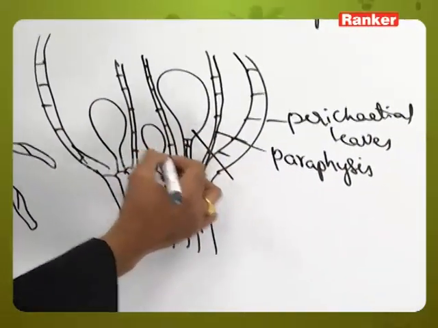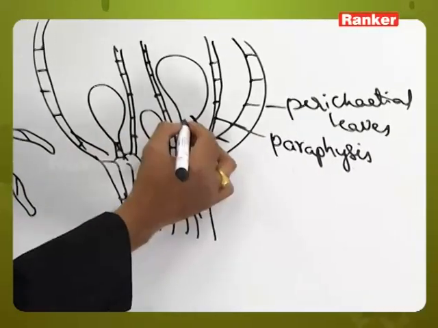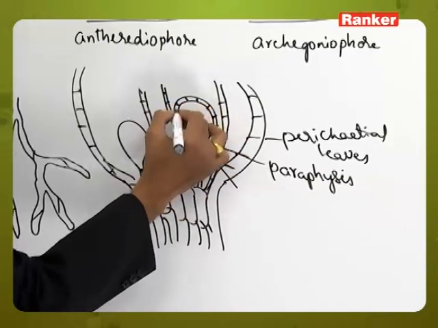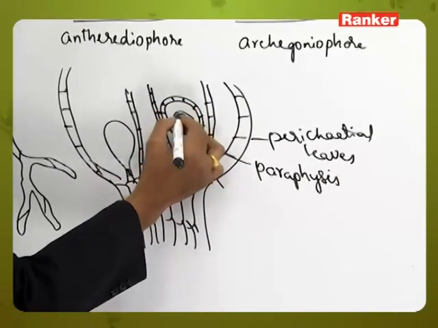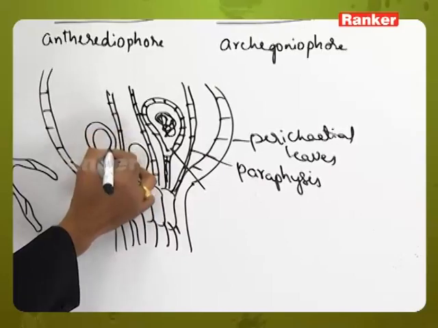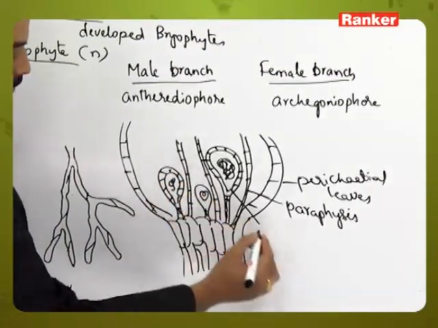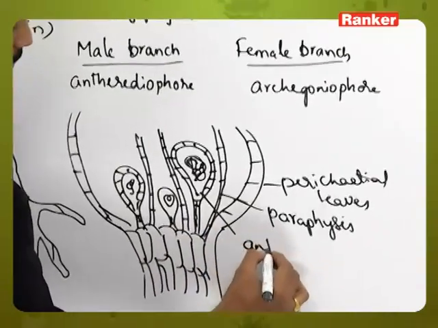So they have a stalk here, and are surrounded by a jacket. In the middle they contain the antherozoids. So this is the antheridium.